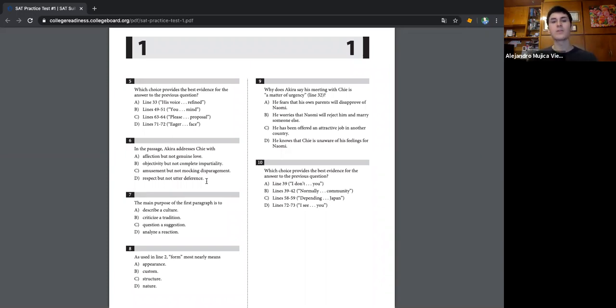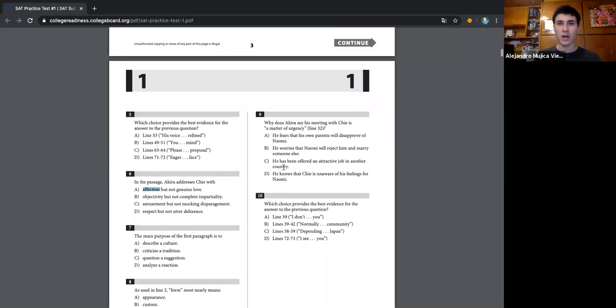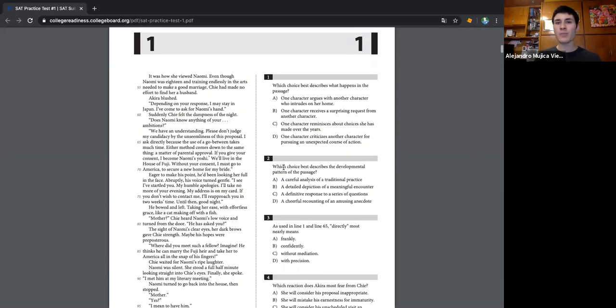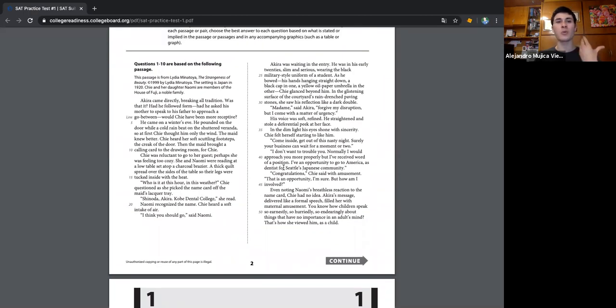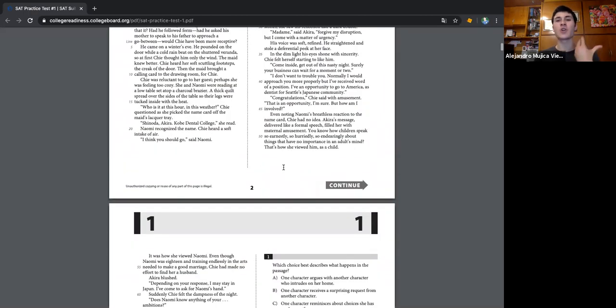So, okay, affection, maybe. There's a little bit of emotion there, but do remember that this is Japanese culture, I think. And here, emotions are not really encouraged. You're encouraged to follow protocol and tradition and show respect.